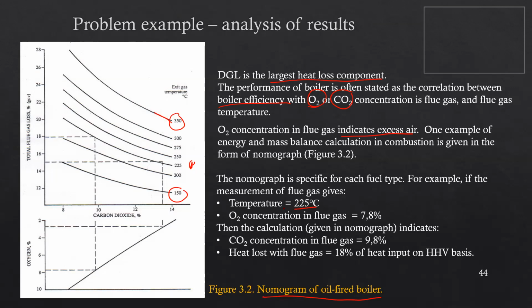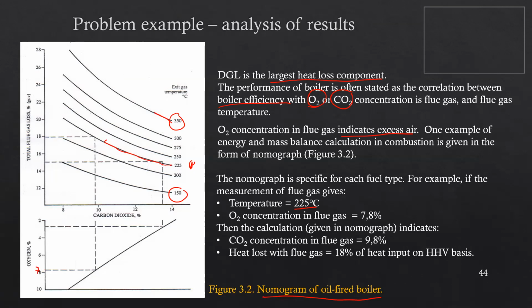So for example, the temperature of the flue gas is 225, which is this line, and the oxygen concentration in flue gas is 7.8%. 7.8% is around here.